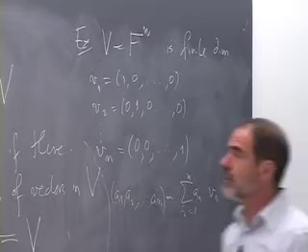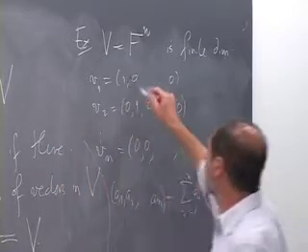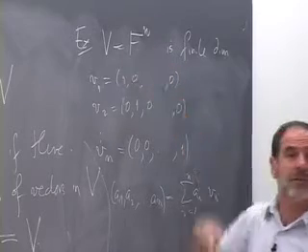That's more or less obvious. So these n vectors span this vector space.